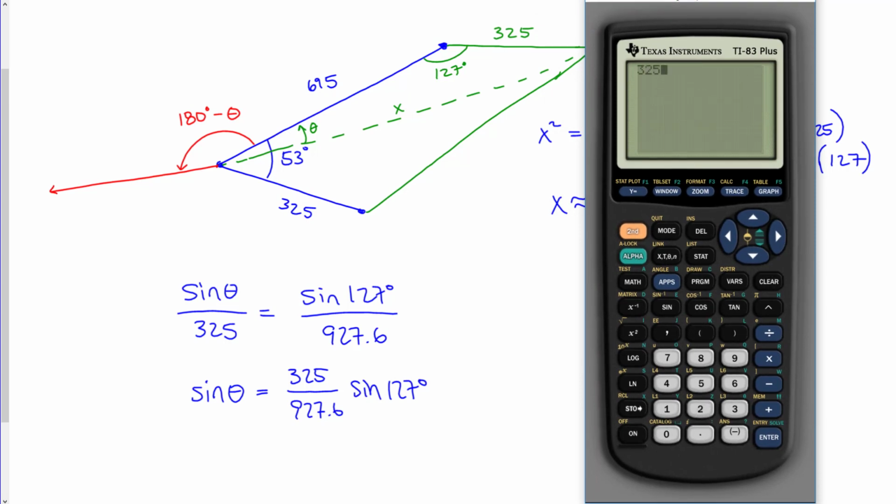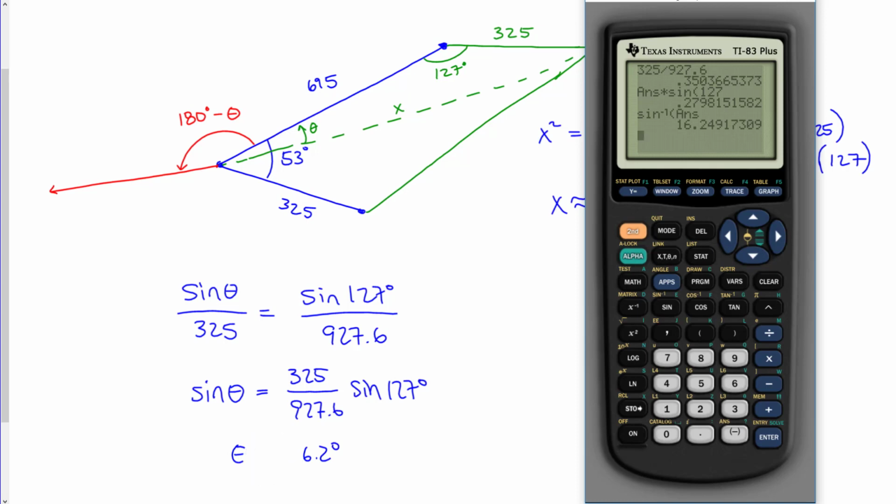So 325 over 927.6 times the sine of 127. That gives me that. But that's the sine of theta, so I need to do the arc sine of that answer to get what theta is. So theta is about 16.2 degrees.